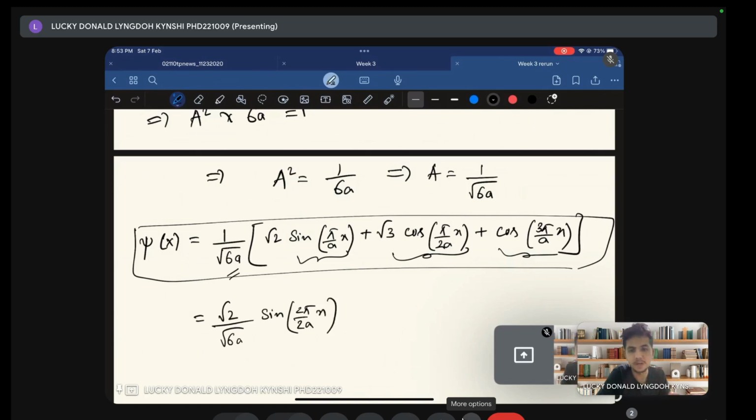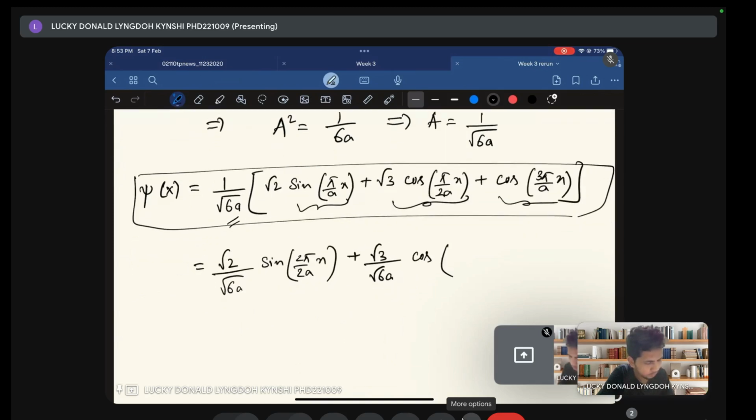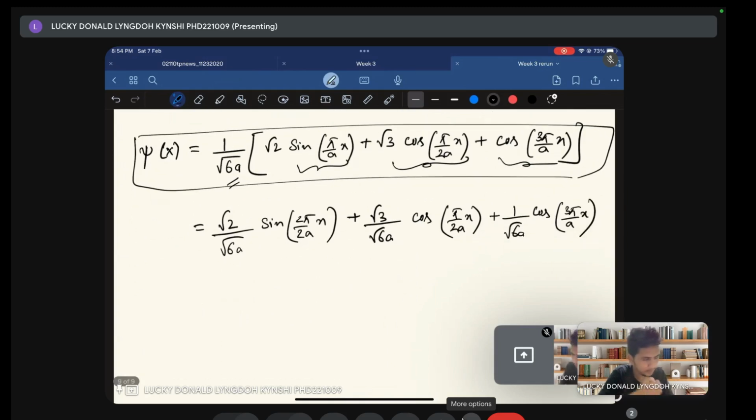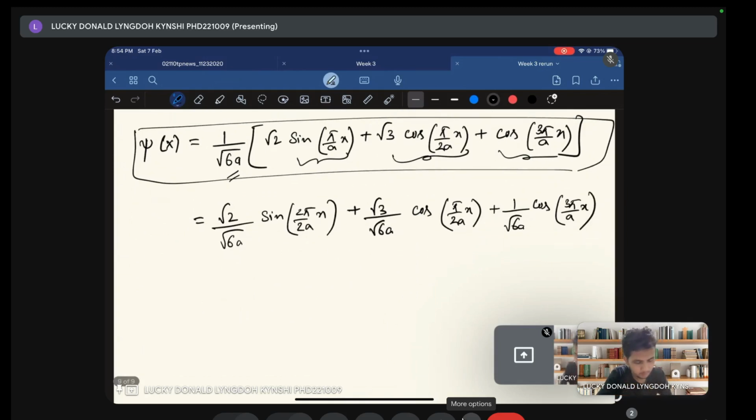That means up and down by a constant, by a multiplication of 2, plus root 3 by root 6a cos of pi by 2a x plus 1 by root over 6a cos of 3 pi by a x.